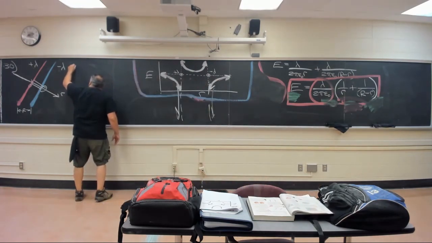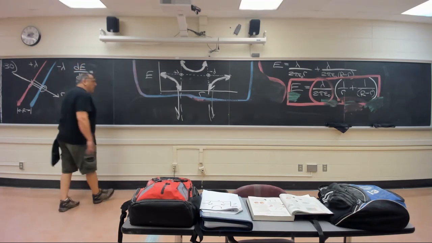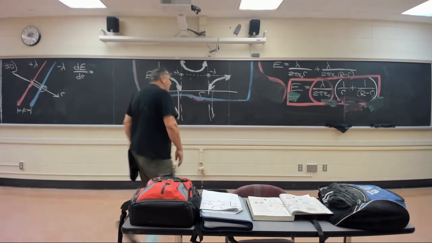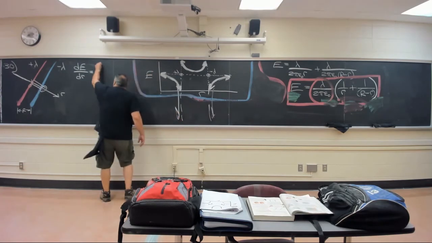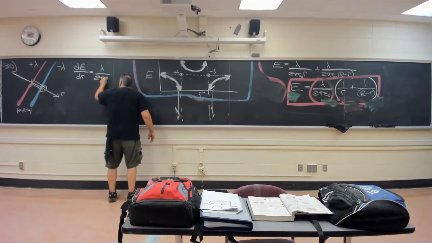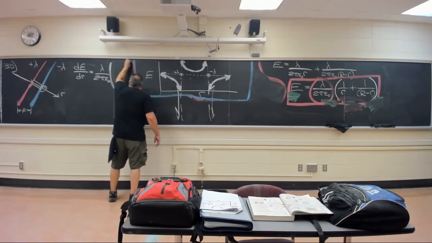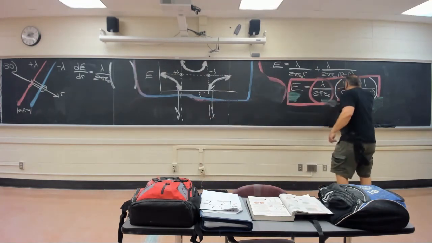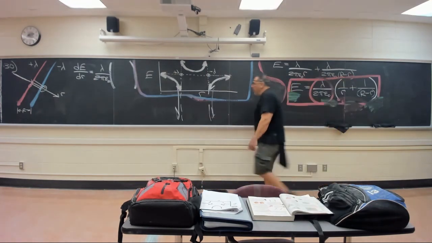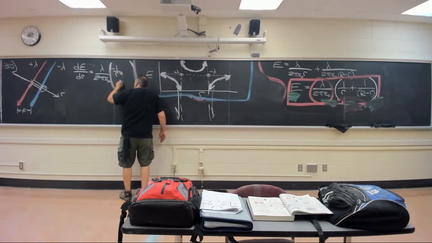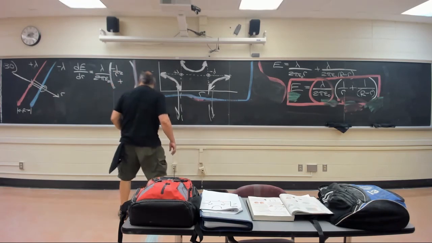When I said to everyone, why don't you get a derivative here and just see what we can talk about some of the behavior of what's going on here. Well, lambda over 2 pi epsilon naught is a constant, so that doesn't play the role, I guess. And what do we got here? Well, the derivative here with respect to r is negative 1 over r squared plus, I'm trying to give myself some room, guys, forgive me here on that.